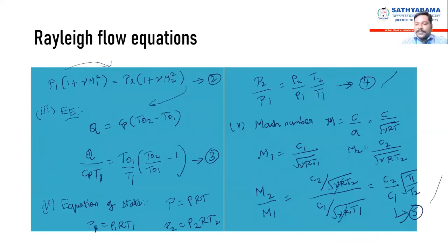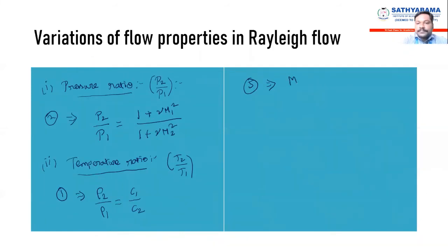So what does equation 5 imply? M2 by M1 equal to C2 by C1 root of T2 by T1. We know this equation, and C1 by C2 becomes, just swap it, C1 by C2 becomes M1 by M2 root of T2 by T1. And this same C1 by C2 is nothing but rho 2 by rho 1.